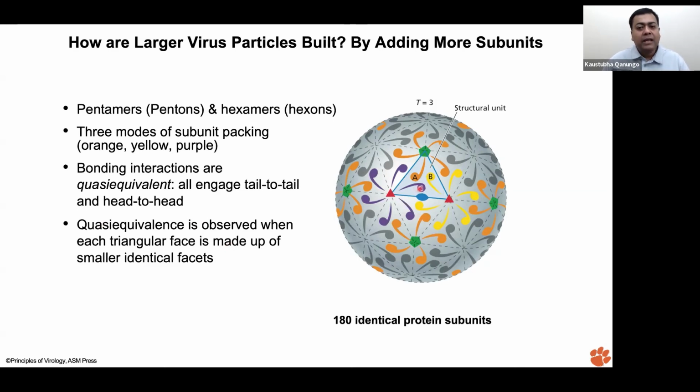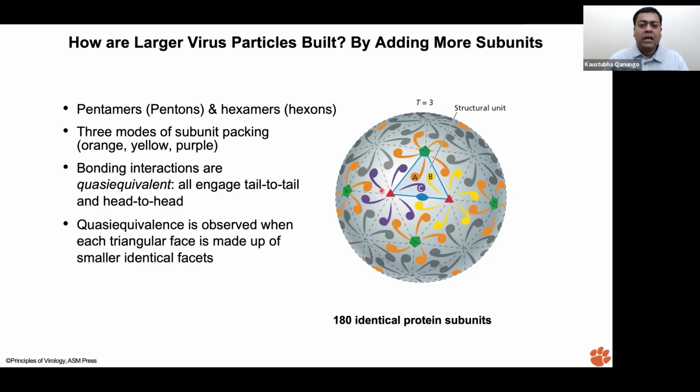But in reality, there are lots of exceptions where this quasi-equivalence does not exist. And we will talk about that. But this gives you a very interesting structure. If you have a structure where the triangulation number is more than 1, not simple, you have a 6-fold symmetry. If you just look right here, you have 1, 2, 3, 4, 5-fold symmetry.